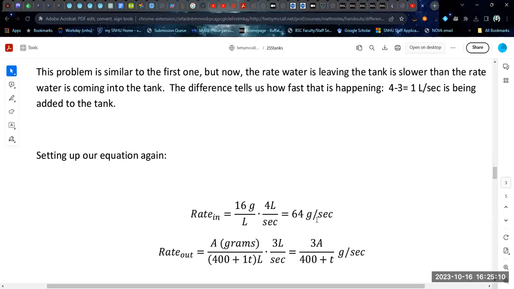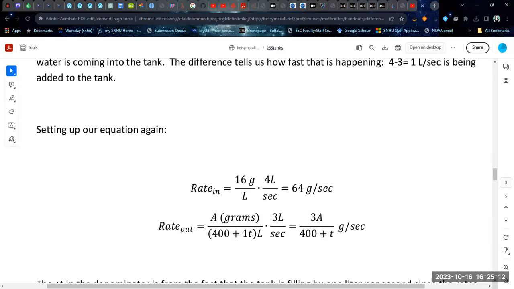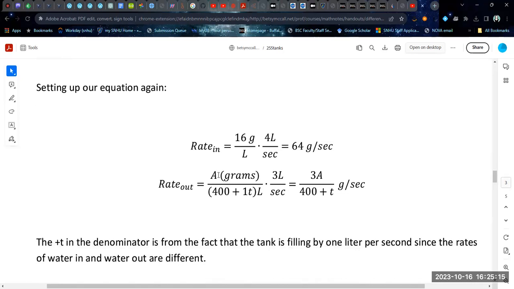This is exactly the same. What changes is the rate out. So this 3 liters per second, yes, is different than the 4 liters per second we had before. But what's also changing is that because it's flowing out more slowly than it's flowing in, 1 liter per second is being added to the tank.